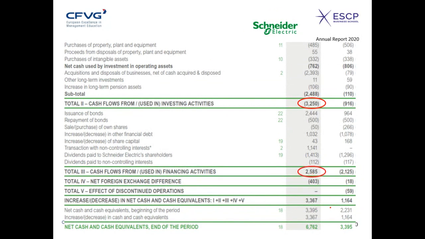And we have the financing cash flow, which in 2020 was positive. We have the total change in cash, which in 2020 is plus 3 billion. And then here you see how our ending cash position compared to last year, from 3.3 billion, it increases to 7 billion. So we see exactly what I said before.